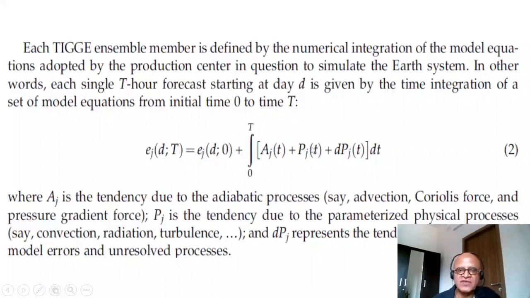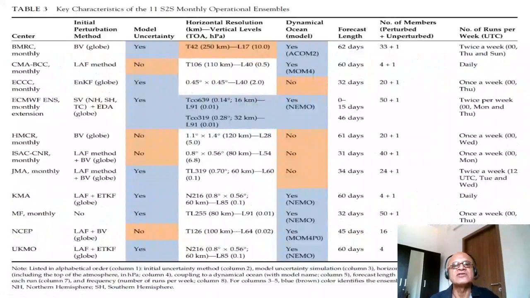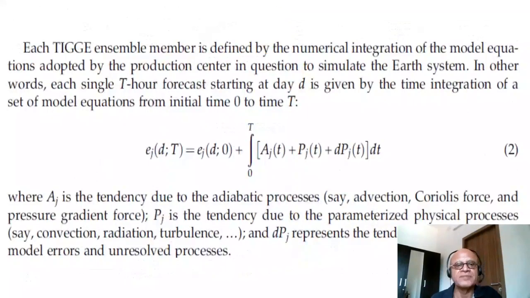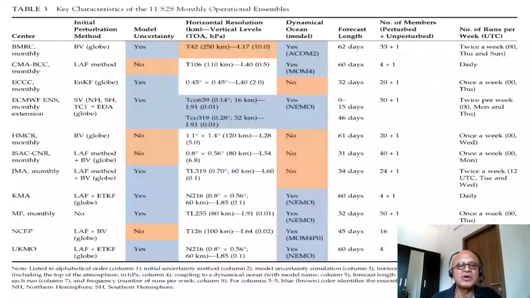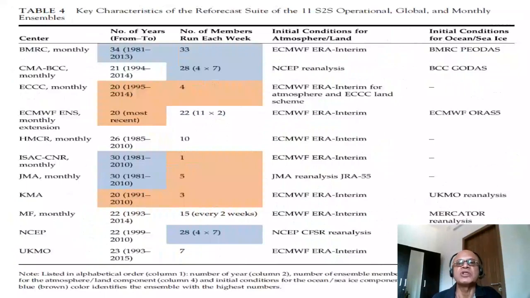Because each model is different, you can divide the tendencies into those components. And dPj represents the tendency due to stochastic model errors and unresolved processes. Okay, and the book goes into details of how each model does this tracking for the TIGGE, but I'm not going to go into the details of each model here.